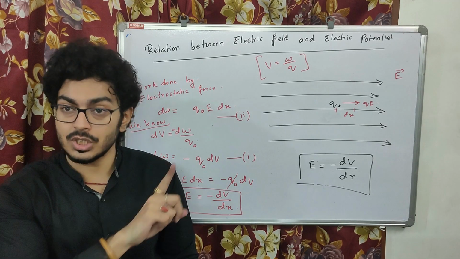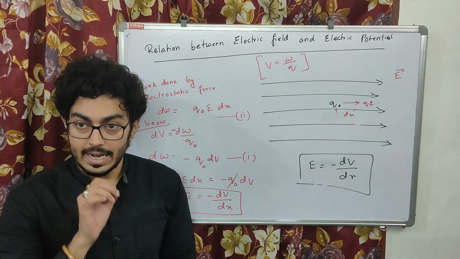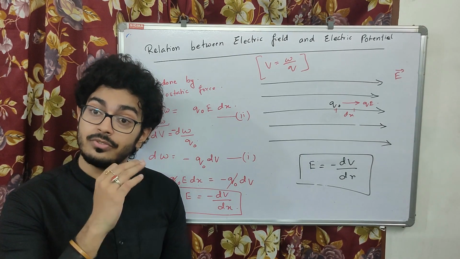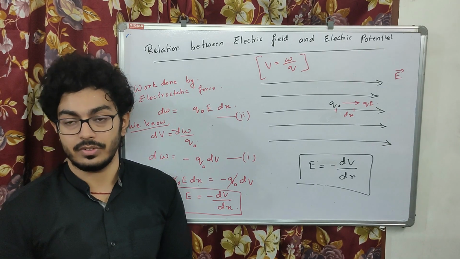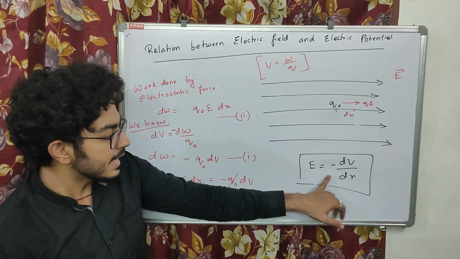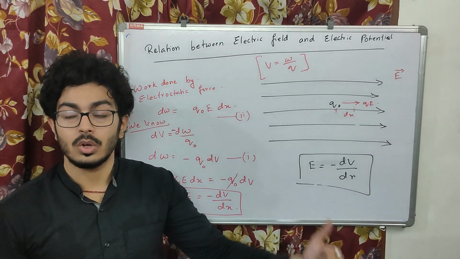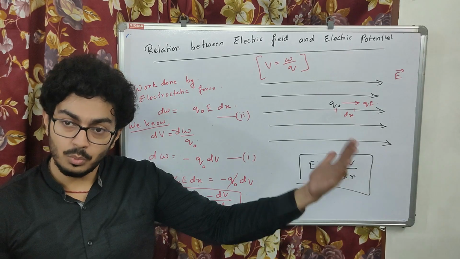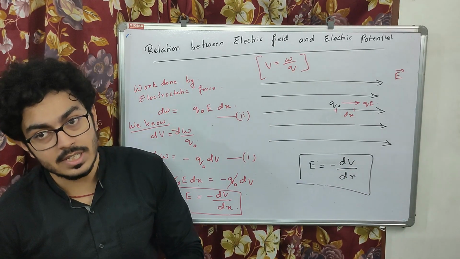Only in that direction is the electric field directed. In any direction where the electric potential is decreasing, in that direction only the electric field exists. So see here, dV by dr, the electric field exists only in the direction where the electric potential decreases. So this is clear.